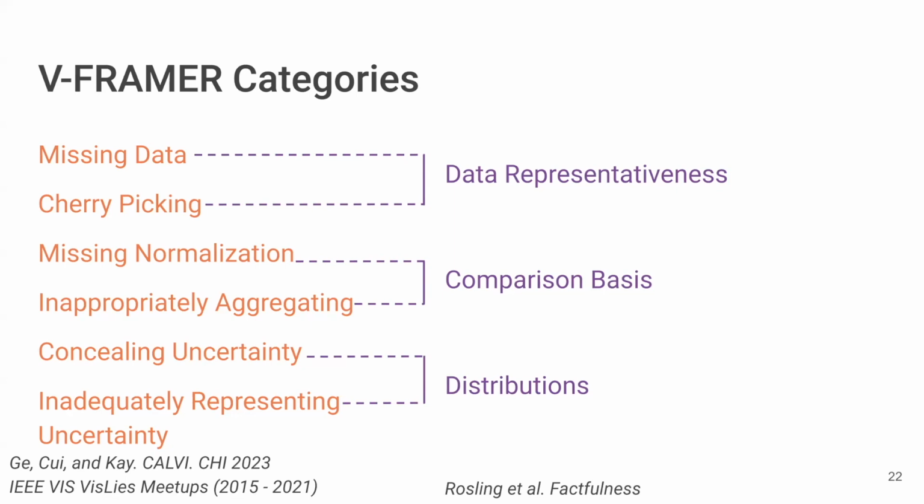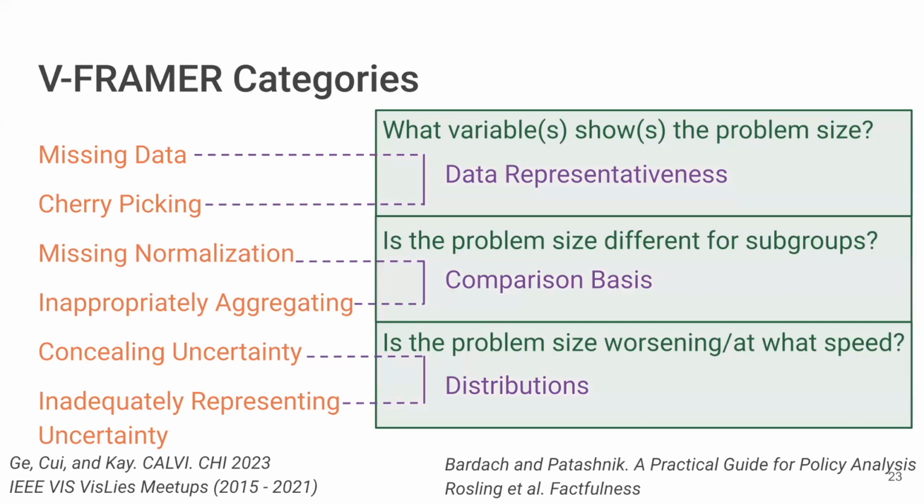Distributions is mapped to concealing uncertainty and inadequately representing uncertainty. For each data consideration, there's also one relevant policymaking stage, such as what variable shows the problem size. Is the problem size different for subgroups? And is the problem size worsening and at what speed? The reasoning misleaders, data considerations, and policymaking stages are the 3 core categories that make up our framework.